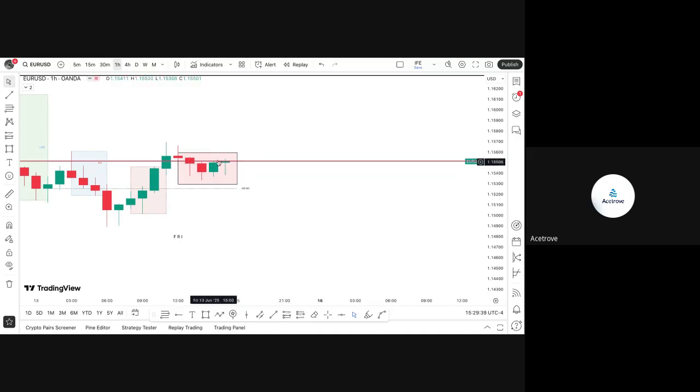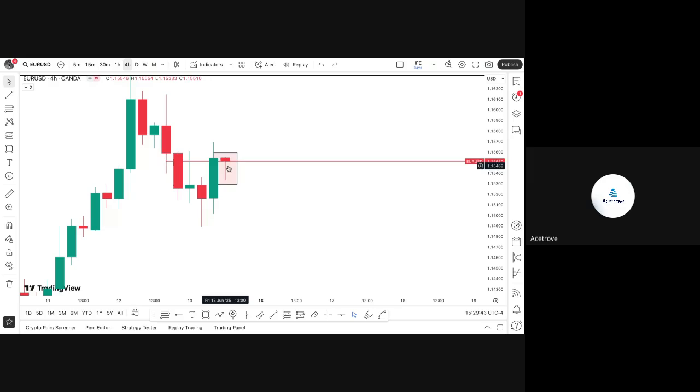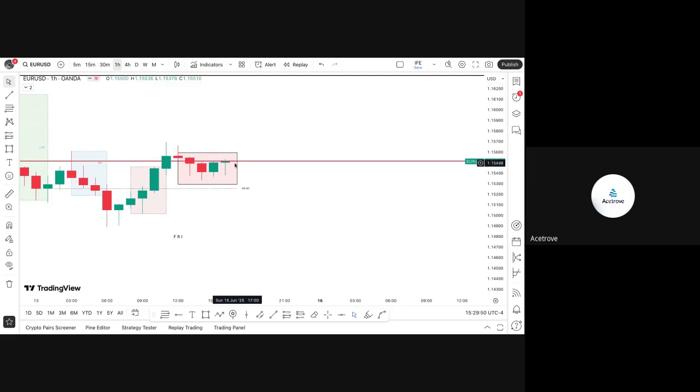These four candles made up that one 4-hour candle. So that's the entire logic behind it.